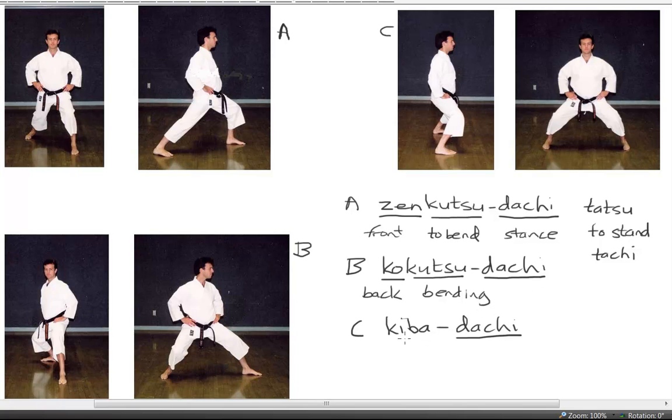And then kiba-dachi, the ba part here means horse, and the ki part relates to horse riding. This kanji for ki here is actually also a unit used to count the number of horsemen. So this is riding a horse, or a man on a horse, horseman, so horse stance.